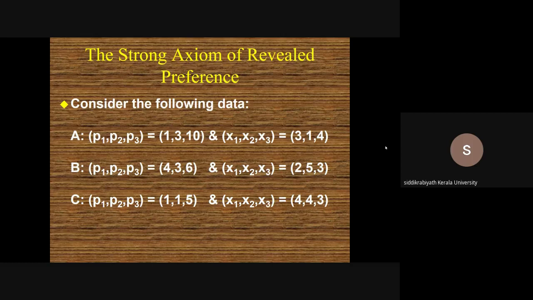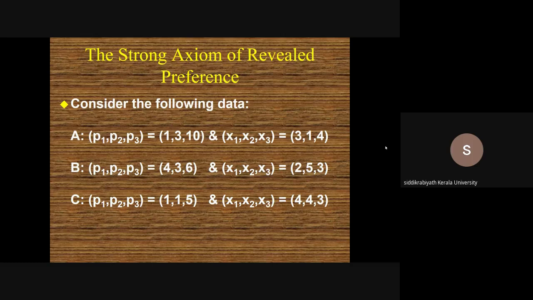Say P1, P2, P3 equal to 1, 3, and 10 for x1, x2, and x3, which gives a 3, 1, 4 combination. This can be anything, as I said, it is only a matter of construction.